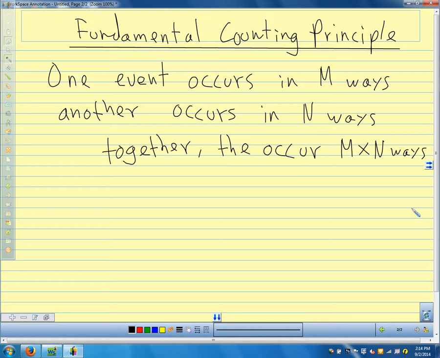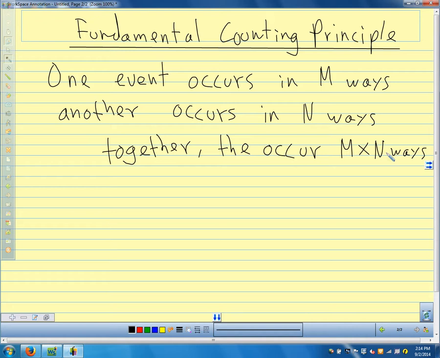So that's our fundamental counting principle. Something happens in so many ways, another thing happens in a different number of ways. To figure out the total when we combine them together, we multiply. And if we have more events, we just keep multiplying by how many ways each event can happen. So we're good there.